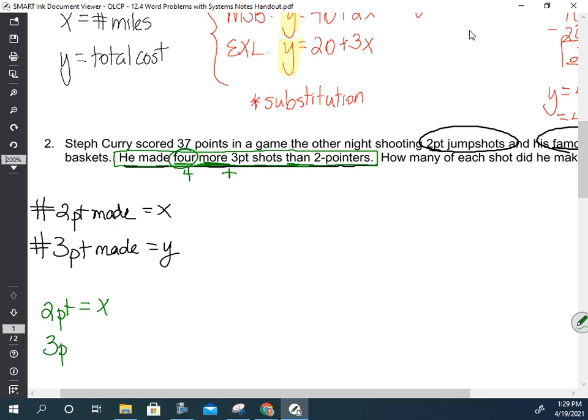That means my 3-pointers would be X plus 4. So X, Y. So one of your equations is Y equals X plus 4.